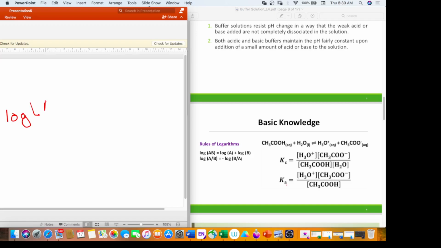This constant indicates how much acid is dissociating. So K equals the products at the right side, that means this one and this one, divided by the acid, the main reactant. Clear?